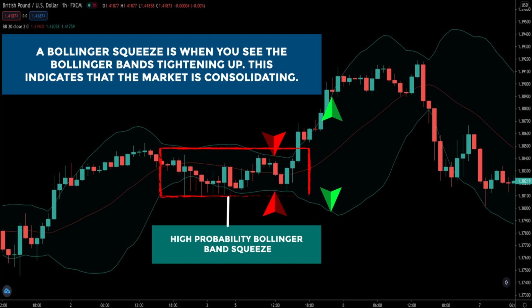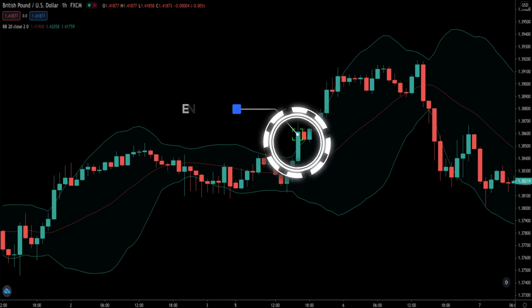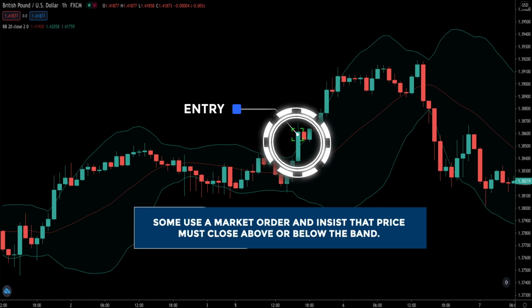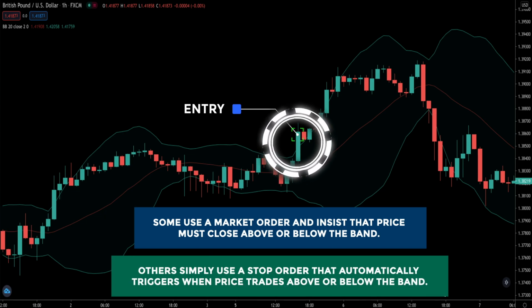Once it's released, it springs out and we get a breakout. Traditionally, how most traders trade it is to take the breakout once price breaks out of the upper or lower band. Some use a market order and insist that price must close above or below the band. Others simply use a stop loss that automatically triggers when price trades above or below the band.